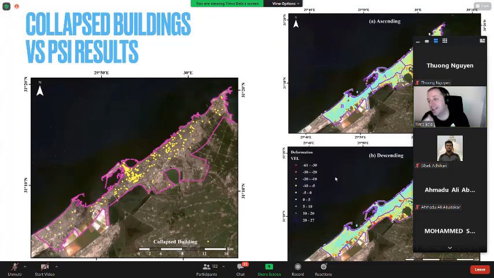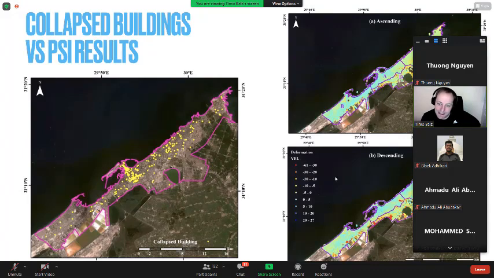I have to say there's not such a one-to-one relation between both. We find that we have more collapses in areas where we find a rather complex motion. So where we find subsidence close to uplift with probably some horizontal motion mixed in. That seems to be most dangerous.